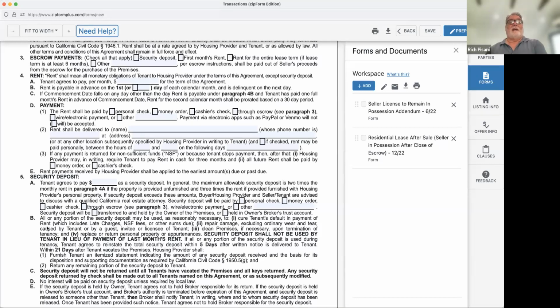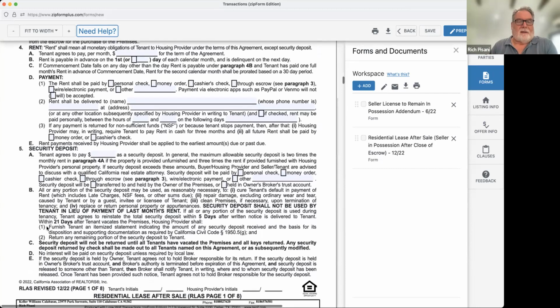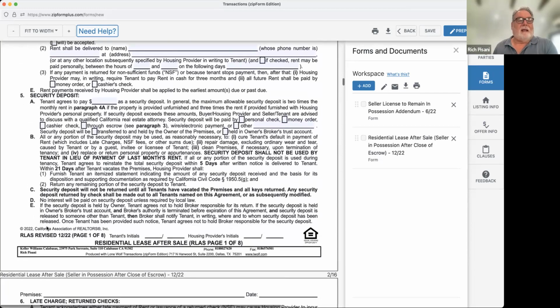I will give everybody a heads up that legislation is out there and floating around that security deposits are only going to be allowed for 1 month's rent. But that hasn't happened yet. So we still go by the rules of 2 months for unfurnished, 3 months for furnished. So that talks about what the security deposit is.